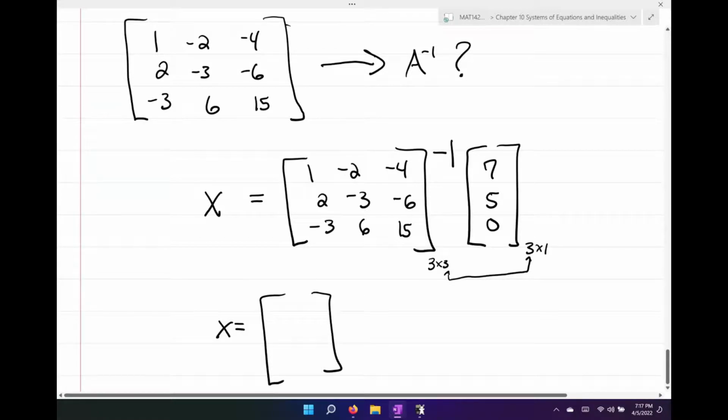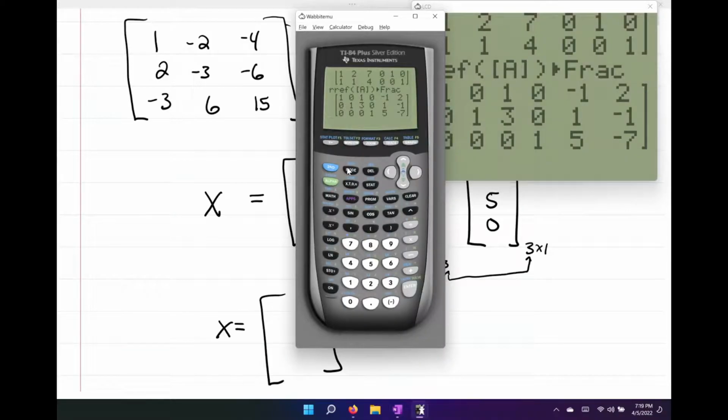Once again, if you've got a calculator, it's going to make life so much easier. So I want to just get the inverse real quick. I'm going to type it into the calculator and then I'll show you. Let me pause the video real quick. All right, I'm back.